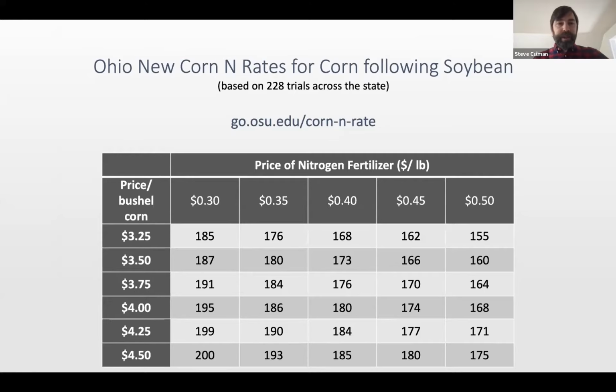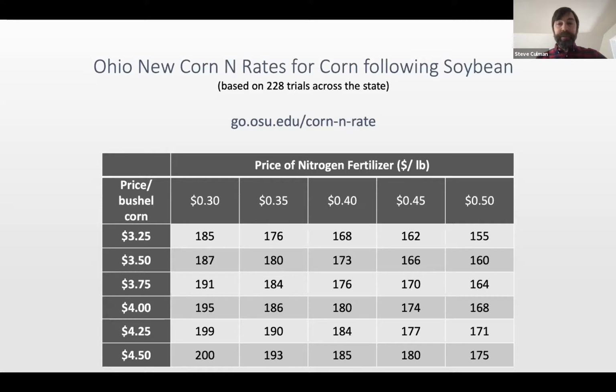You can see when nitrogen prices are low and corn prices are good, our nitrogen rate increases. And when corn prices are in the barrel and nitrogen prices are high, our rate really gets reduced to try to maximize profitability, not just yield.